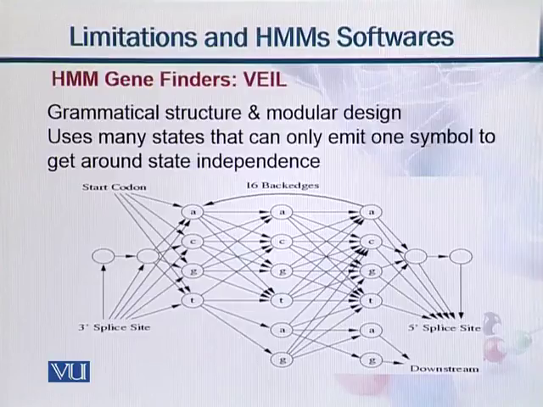Number 1 tool is Whale, which is based on a grammatical structure and a very modular design. Modular design means that there are separate states for codons and non-coding regions, which are introns, exons and splice sites. Another advantage of this tool is that it uses many states.